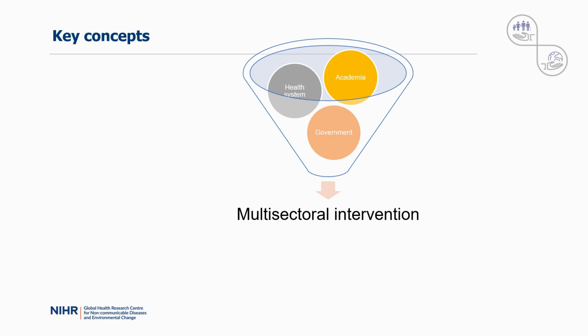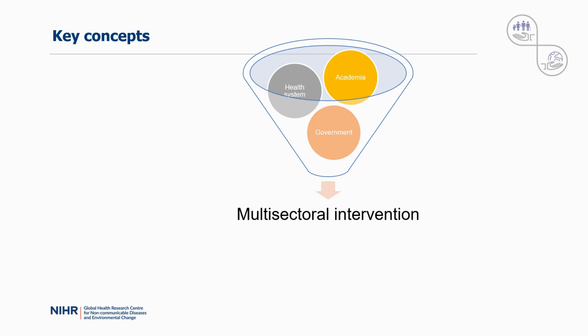Now, we talked about what an intervention is. Interventions can often have a single focus, for example, a specific surgical tool designed for operative purposes. A multi-sectoral intervention brings in multiple sectors, as the name refers to. For example, this could be government bodies, academic institutions, citizens, and beneficiaries, such as health systems.